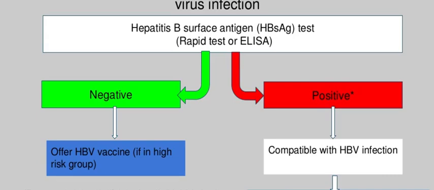When it's negative, it is non-reactive. That means if you are at risk of infection, like a healthcare worker or a partner of somebody who has infection, or you are living in a place that is highly endemic for infection, you need to have a vaccine to protect yourself. If you're positive, that defines infection. Now, whether that is chronic or active infection is another ballgame.